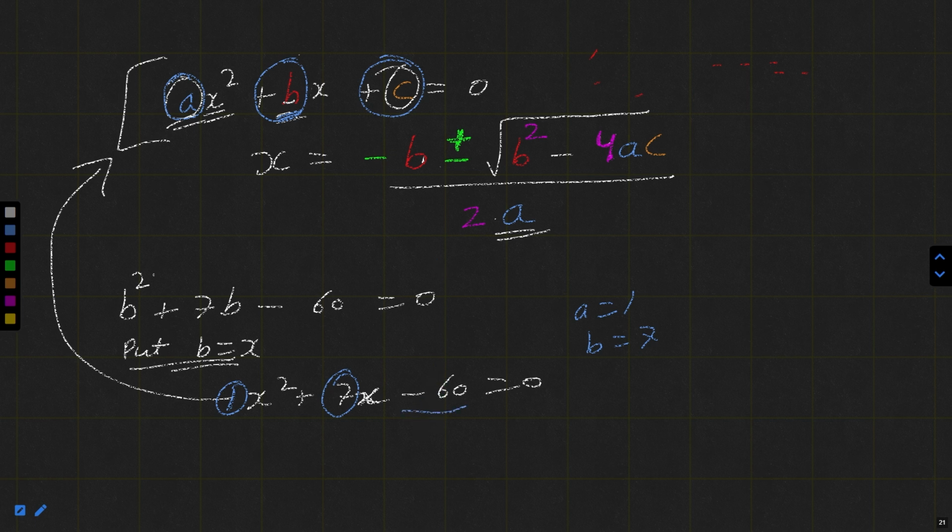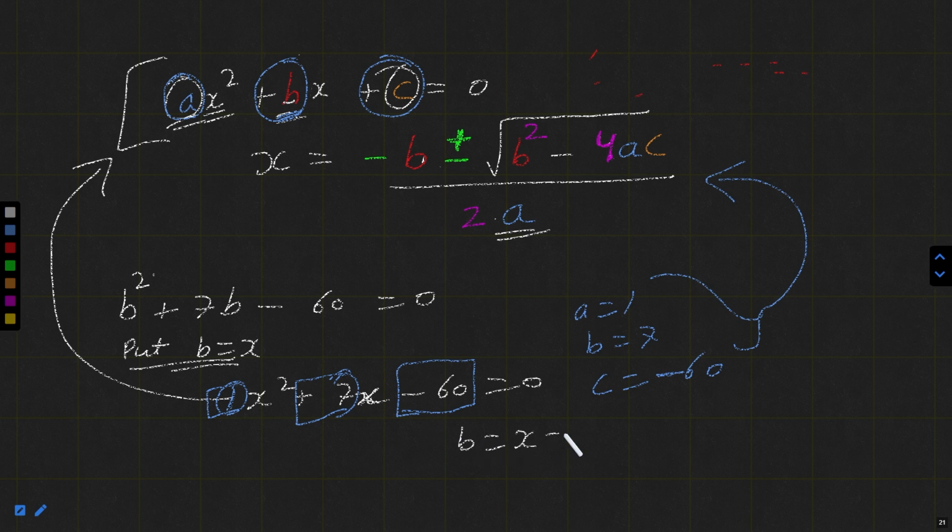Here we took the whole term with its sign, so c is minus 60. Always take the whole term with its sign. The positive sign is already here, and we don't write positive signs, but for negative signs we write them. Now apply all these values in this formula to get your value of b or x.